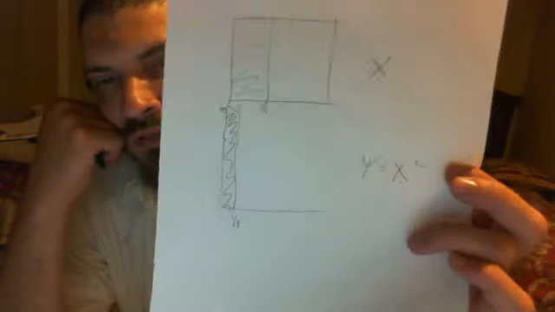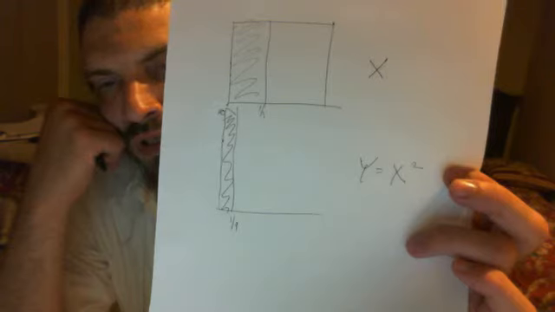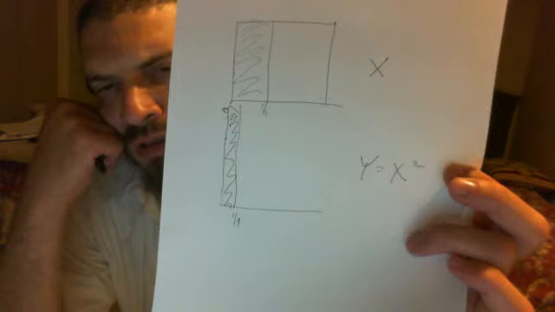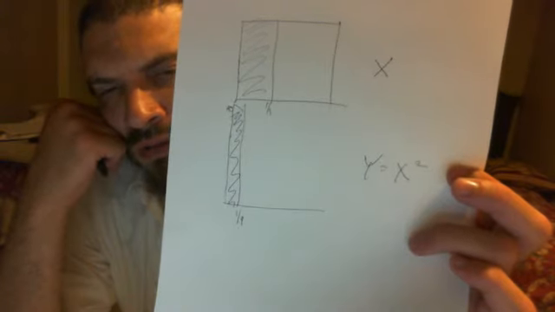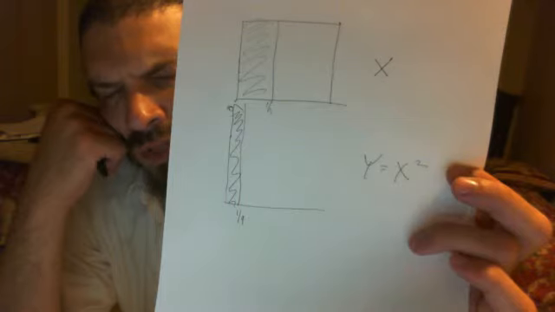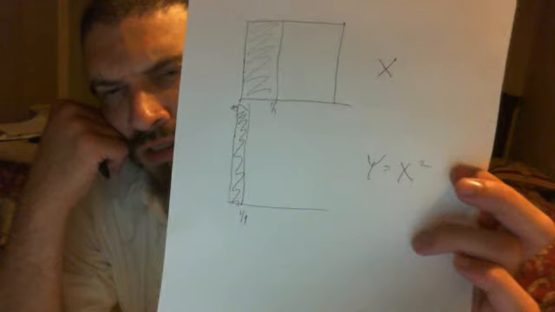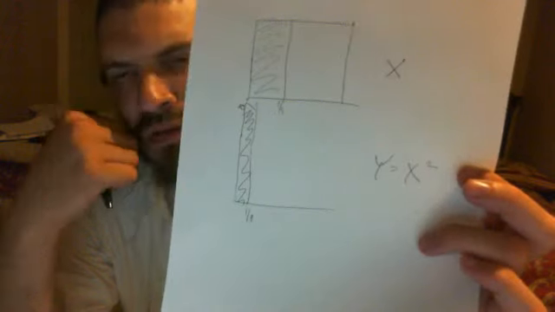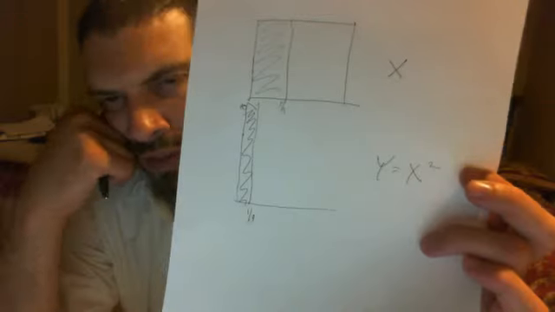But the difference is at which point does what percentage get covered. I'm sorry, the amount that is covered by x equal to little x is covered here when y is equal to little x squared.